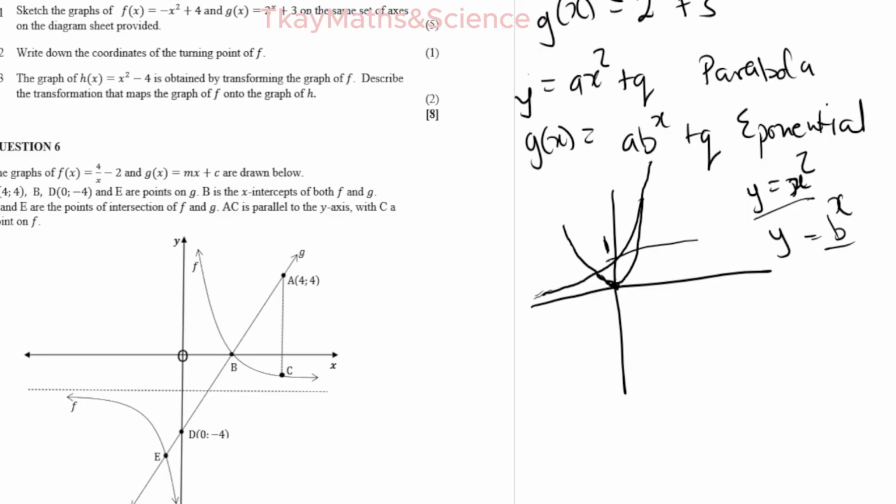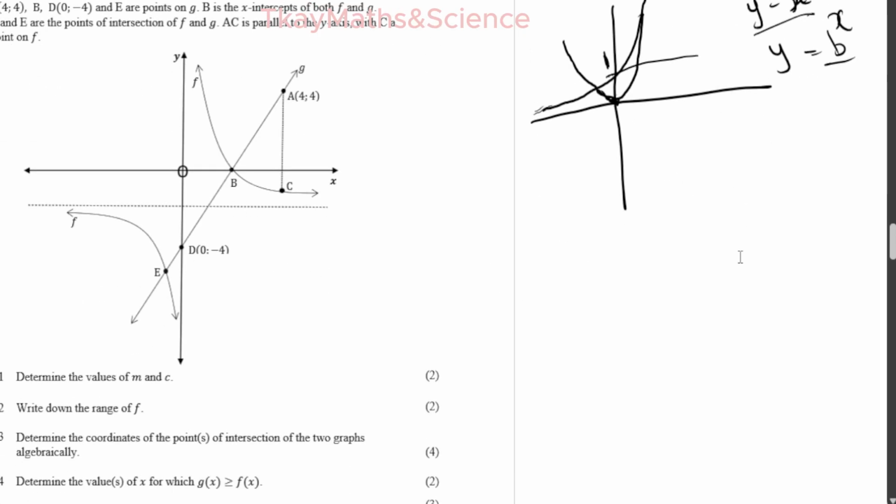Okay, so let me just try to do the transformation here. This one is going to be like this, but now it's going to be reflected down like this, right? Previously all these values were on the positive y.